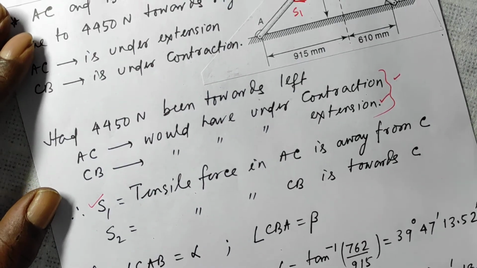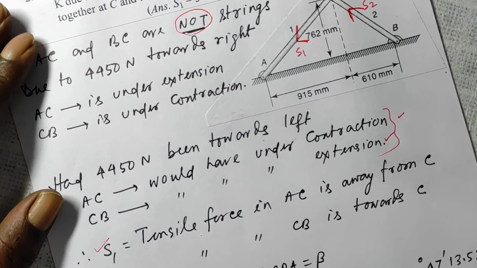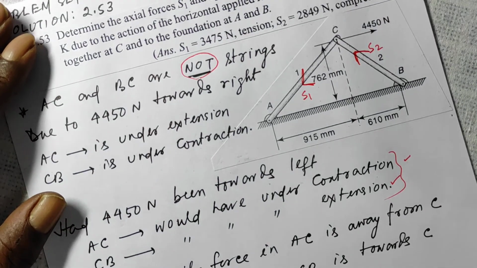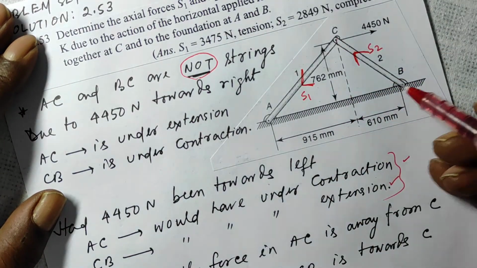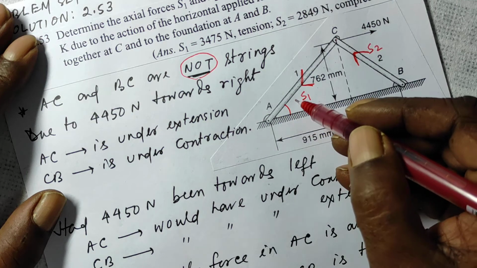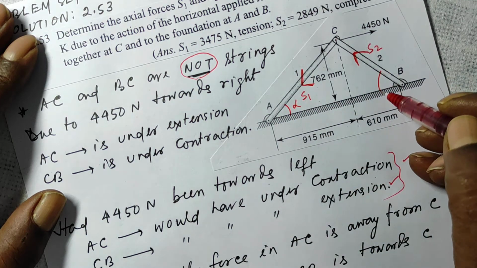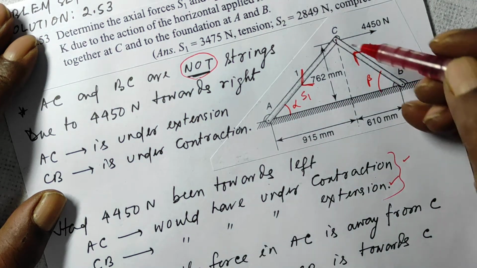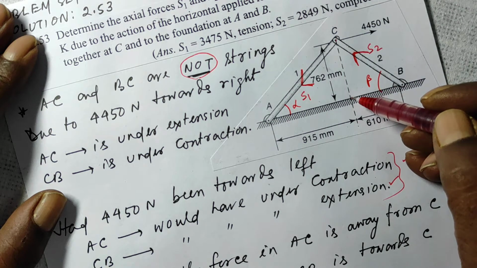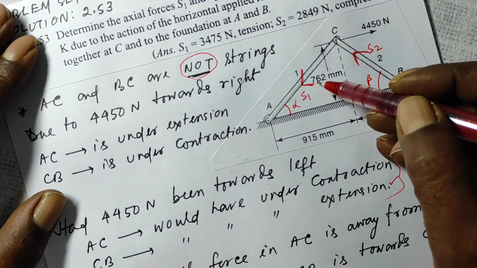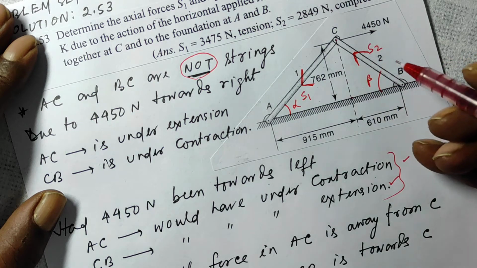Now, let angle CAB be equal to alpha. Angle CAB, this angle, let it be alpha, and let this angle be equal to beta. From this point to this point, the height is given as 762 millimeter.